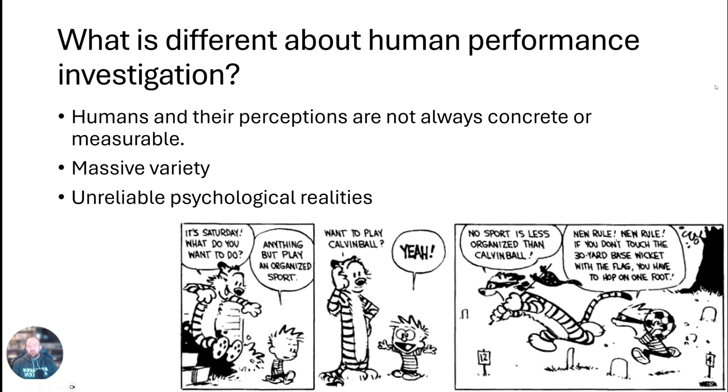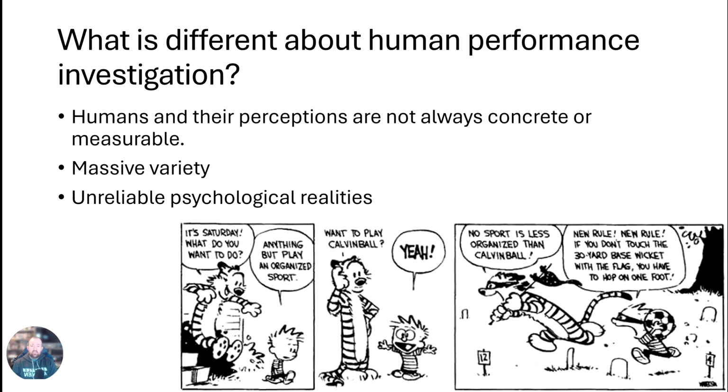So, what is different about human performance investigation relative to, let's say, general accident or event investigation? It really comes down to the subject of the investigation. In a human performance investigation, we are looking at humans, and humans have specific limitations or variabilities that physical realities don't. Humans and perceptions are not always concrete or measurable.